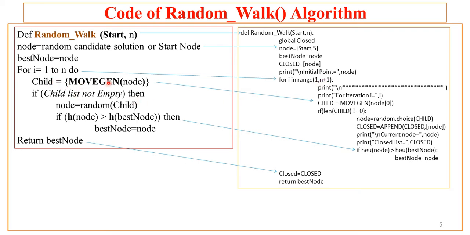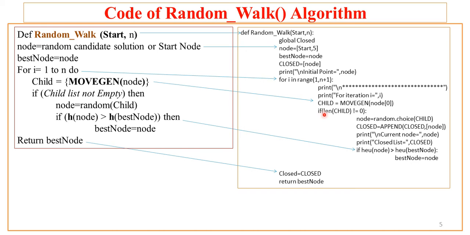Now here the MoveGen function is called for a node and its children are extracted and stored in child, which is specified here using child = MoveGen node of 0. Similarly, if child is not empty, then from child a random node is picked and stored in node as the current node.